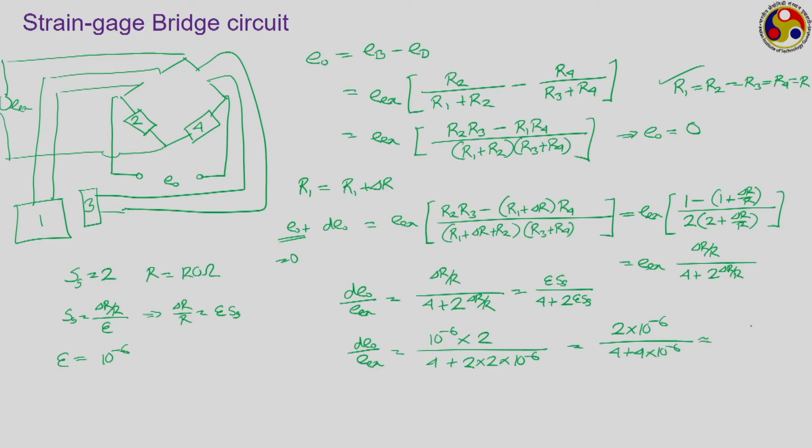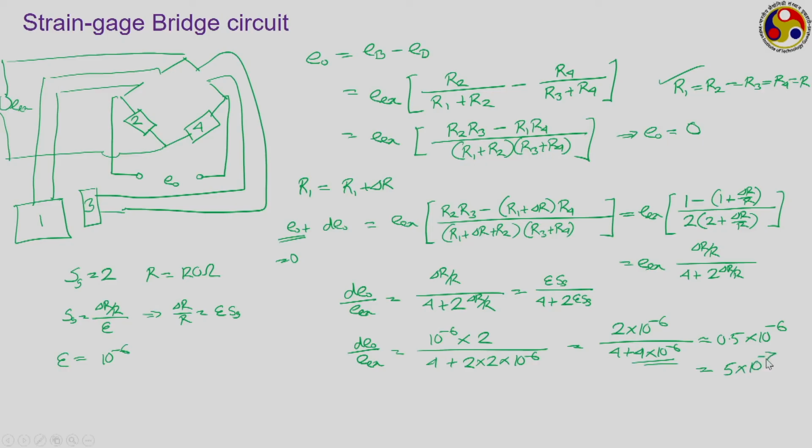Which is approximately 0.5 into 10 to the power minus 6, because this particular part can be cancelled compared to 4, or we can write this as 5 into 10 to the power minus 7.